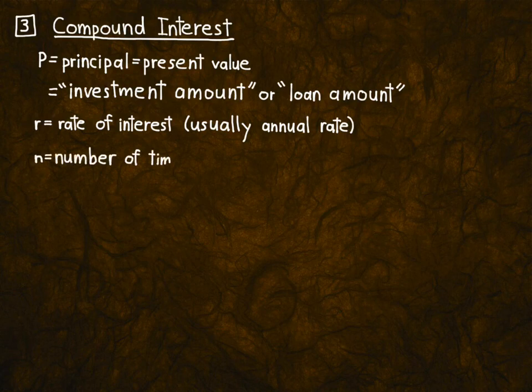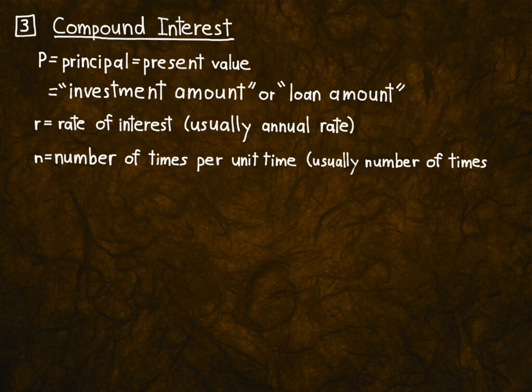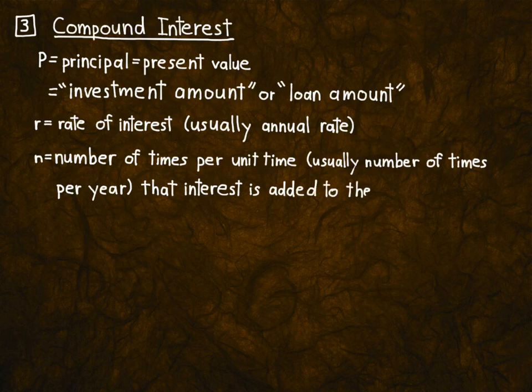Okay, so n is the number of times per unit time, which is usually the number of times per year, that the interest is added to the principal. The number of times interest is compounded.